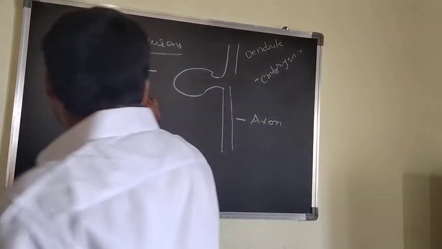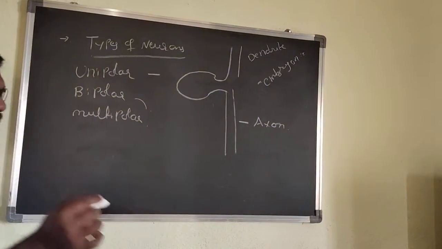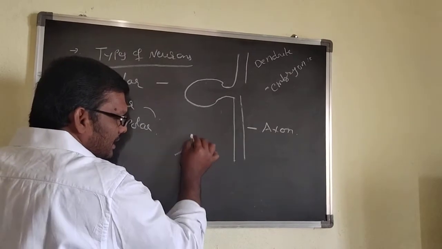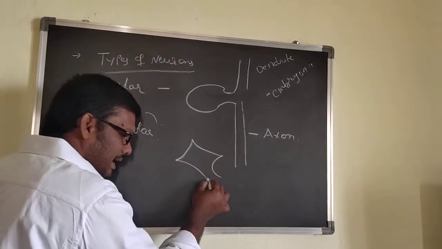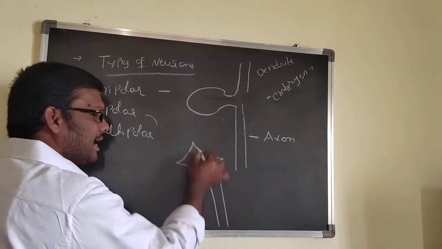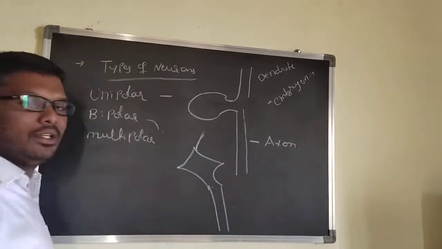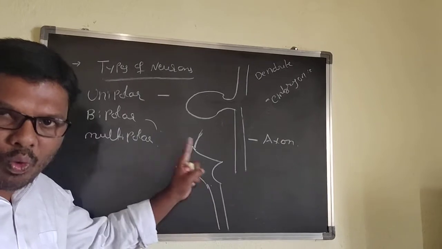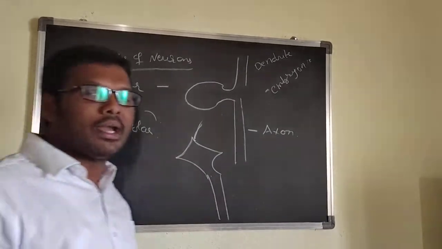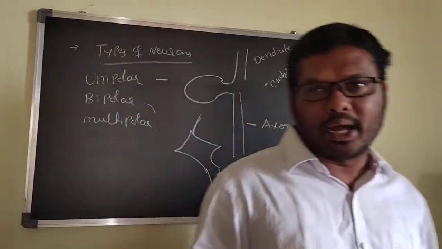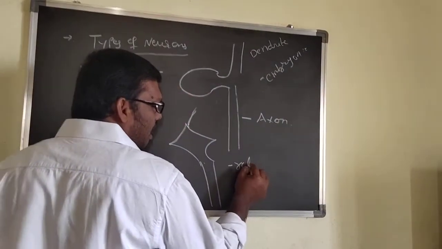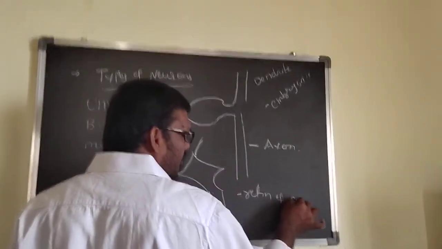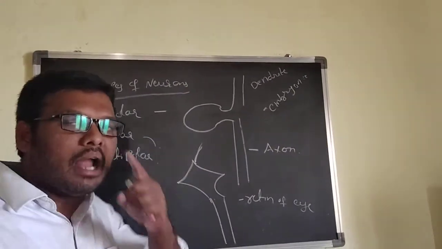And then bipolar neurons. Bipolar neurons means from the cell body, there is one axon and one dendrite. That type of neuron is called a bipolar neuron. Bipolar neurons can be seen in the retina of the eye and the olfactory epithelium.